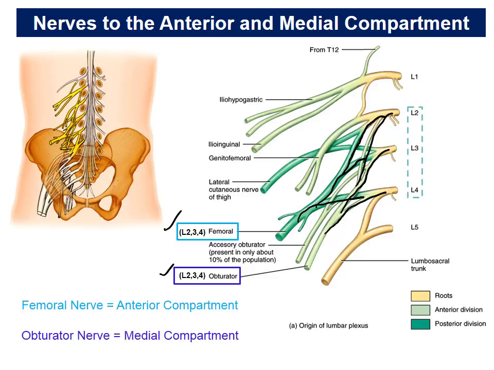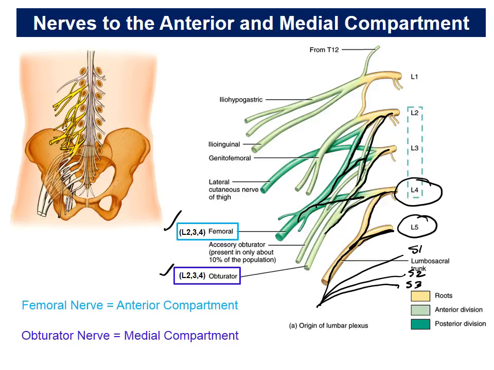Do you remember where the sciatic nerve came from? Any recall of that? Well, here's L4 and here's L5 forming this structure called the lumbosacral trunk. This is going to help contribute to the sciatic nerve, but you'll also get S1, S2, and S3 coming down as well to help form the sciatic nerve.